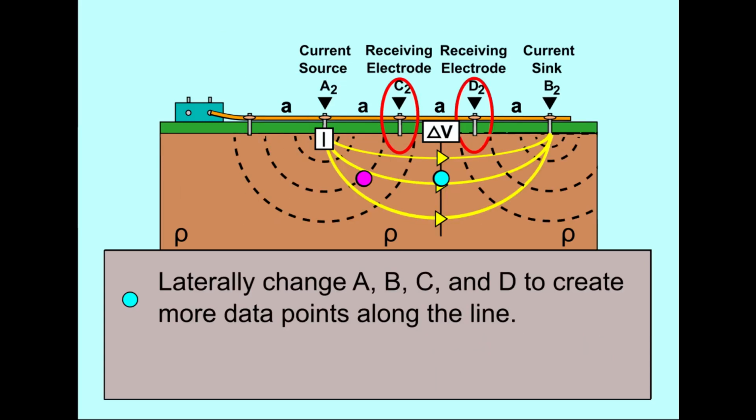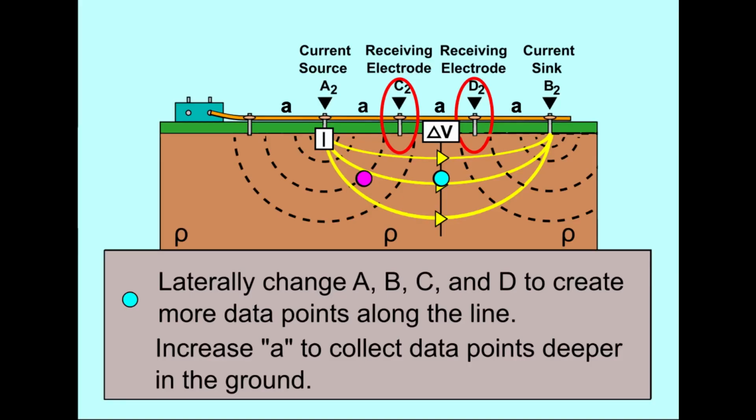To collect more data points along the survey line at the same depth as the first data point, we keep the spacing of the electrodes the same and just move everything down the line by 1 electrode. Keep doing this after every data point to receive a new data point. The Cisco Kid Switch 24 automatically changes electrodes, so we don't have to do this manually in the field.